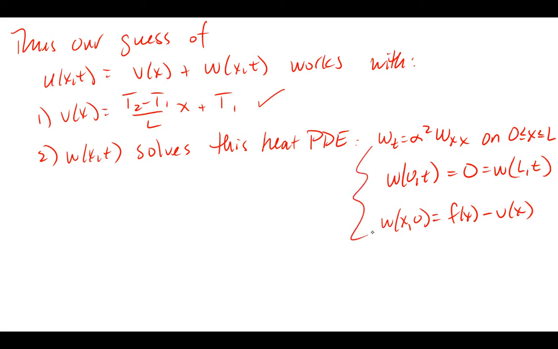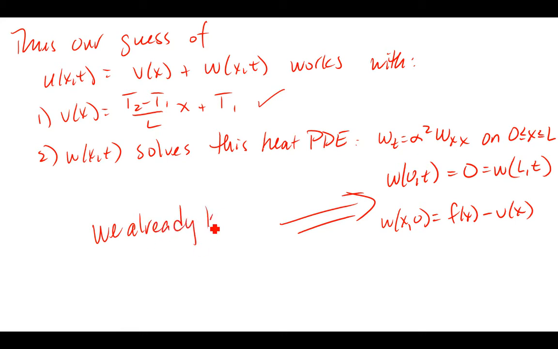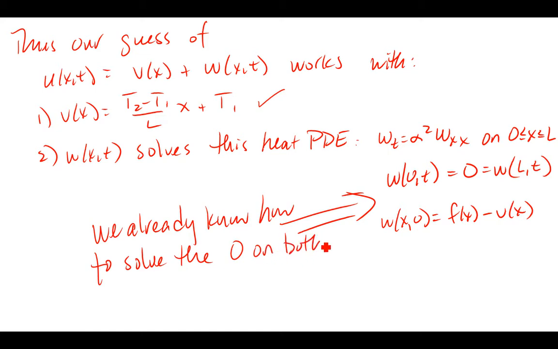This is just the regular zero on both ends version of the heat equation. So we know how to do W already.